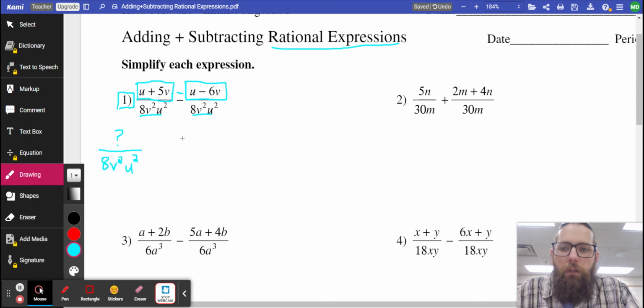So I need to take u plus 5v, and since I'm taking that entire thing, I'm going to wrap it up in parentheses, and then I'm going to subtract in parentheses u minus 6v.